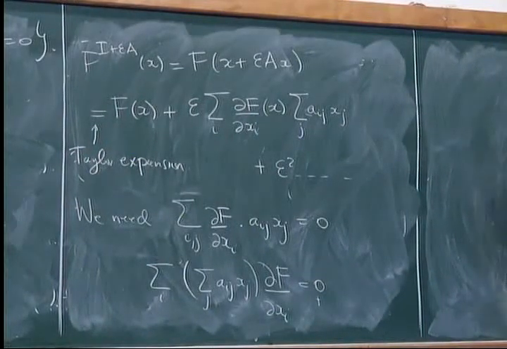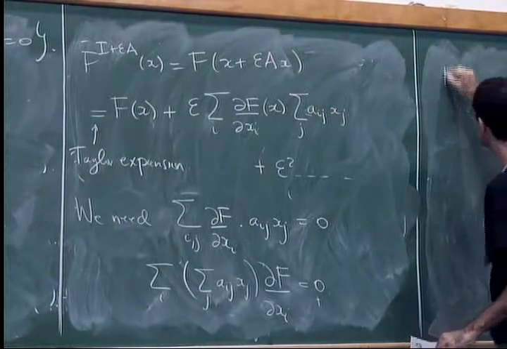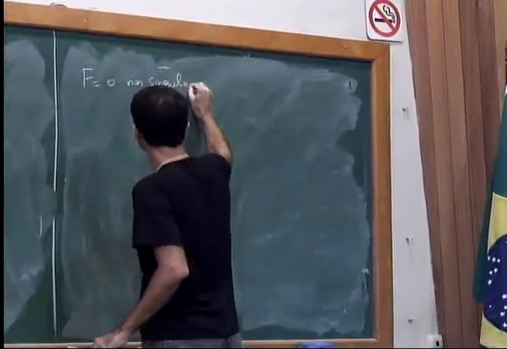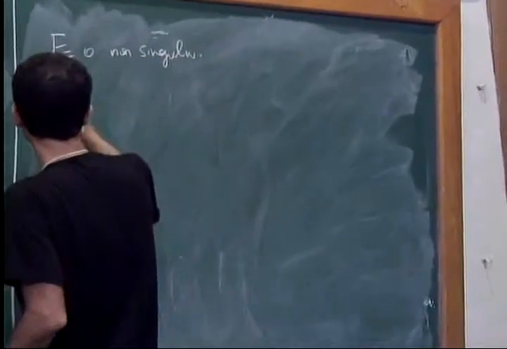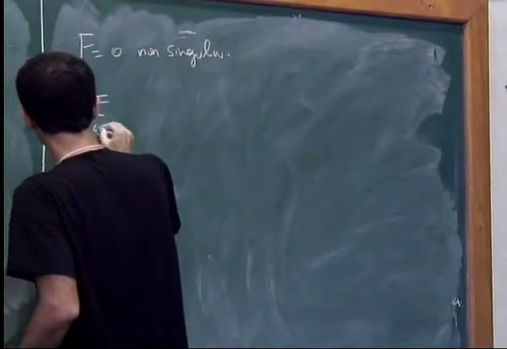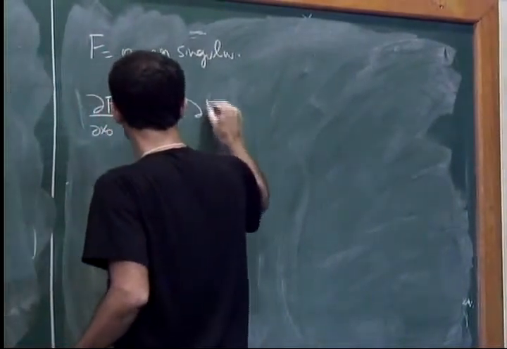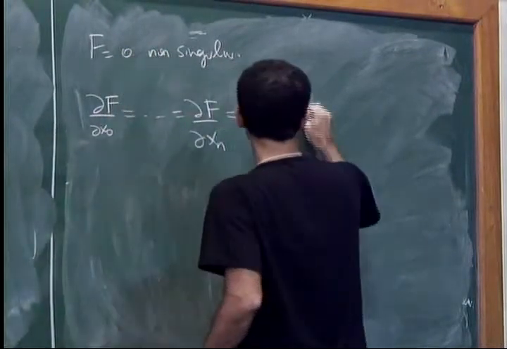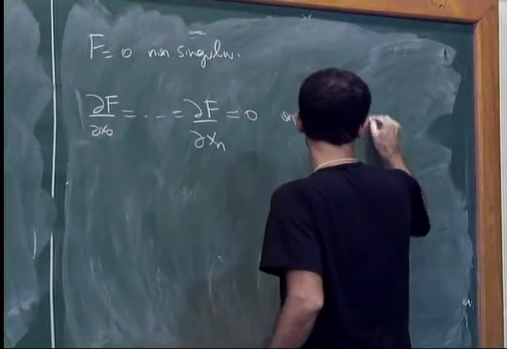But then your hypersurface is non-singular. And that means that the zero locus of the derivatives is only at the point 0.